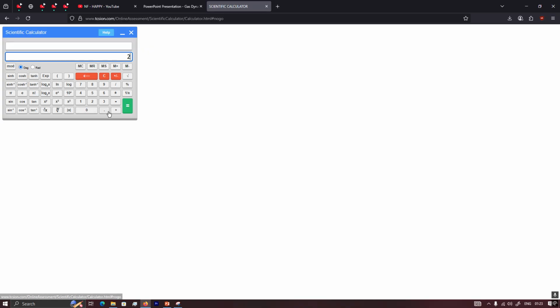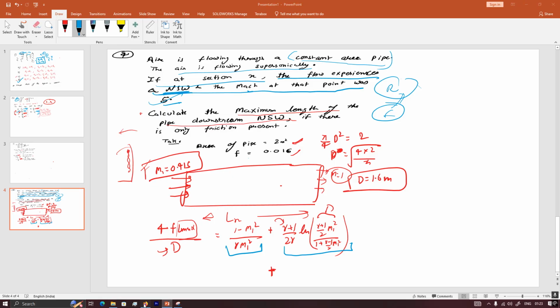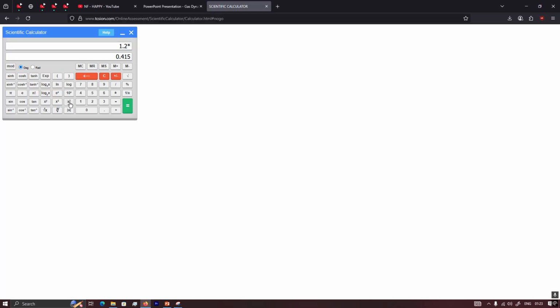Gamma plus 1 will be 2.4. Gamma plus 1 by 2 into M1 square, that is 0.415 square, divided by 1 plus 0.2 into 0.415 square.